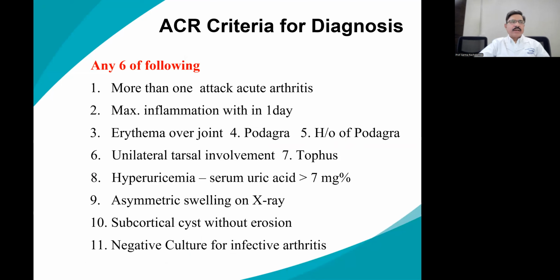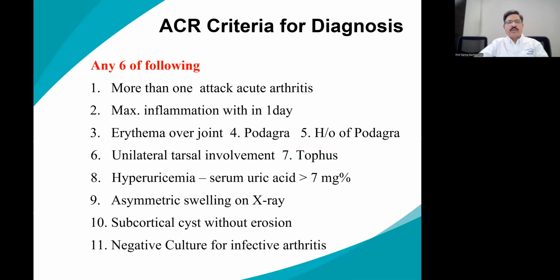These are the ACR criteria, American College of Rheumatology criteria for diagnosis. Patient must have any 6 of the 11. What are the 11? More than one attack of acute arthritis. Maximum inflammation within 1 day. Erythema over the joint. Podagra, that is the typical site, or history of podagra.